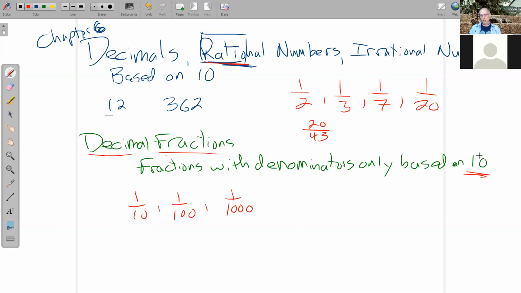And my denominators can only be based on 10, which means they can only be powers of 10. So 1/10 is 1/10 to the first, 1/100th is 1/10 to the second, 1/1000 is 1/10 to the third. So the idea was we just extend the place values that we had before to use fractional powers of 10.